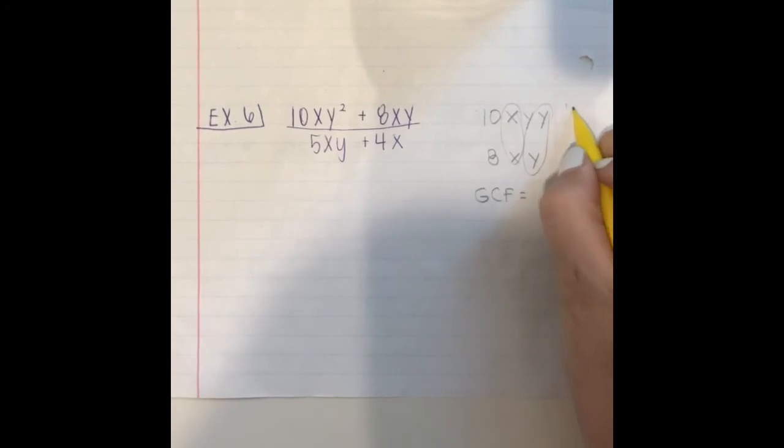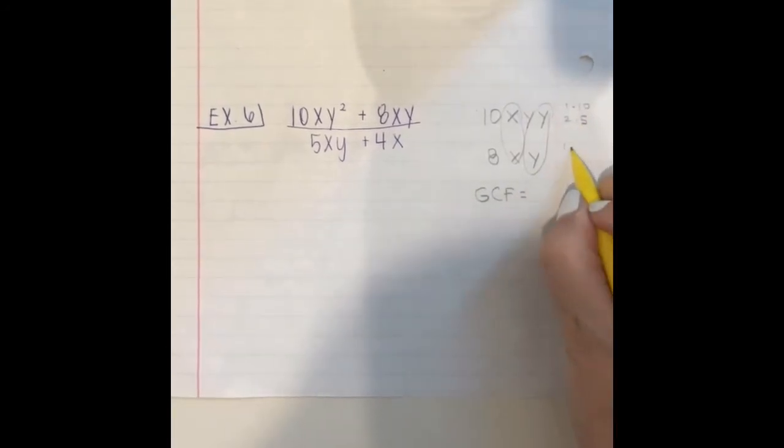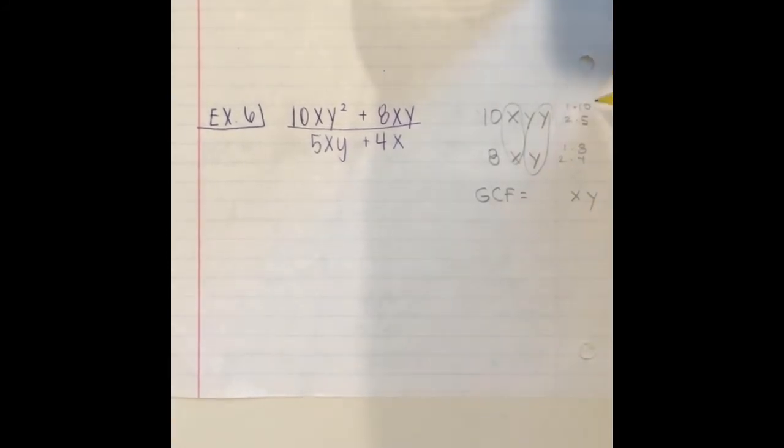We don't know about the numbers. So 1 times 10, 2 times 5, 1 times 8, 2 times 4. They don't both have a 10, they don't both have an 8, they don't both have a 5, they don't both have a 4. So their greatest common factor would be a 2. Okay, so GCF is 2xy, right?